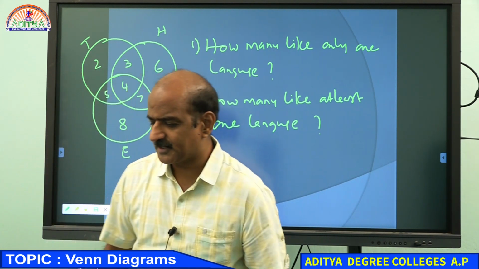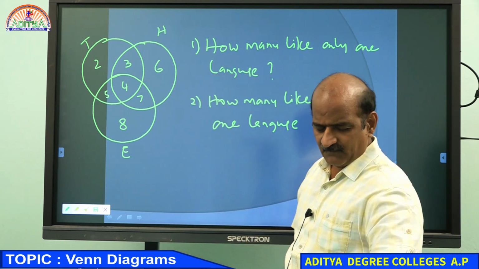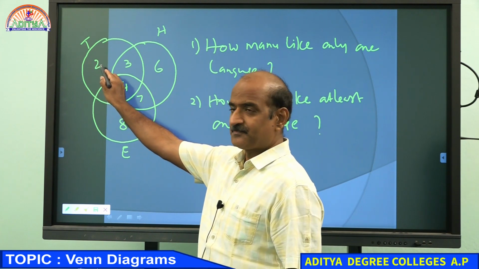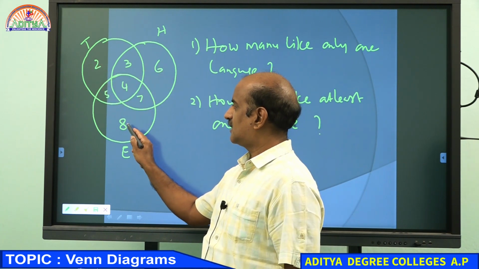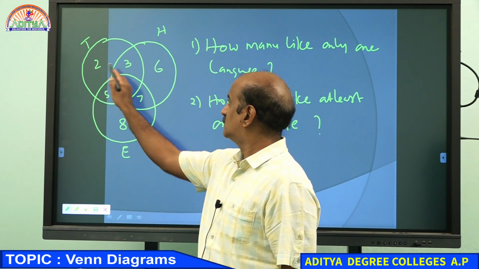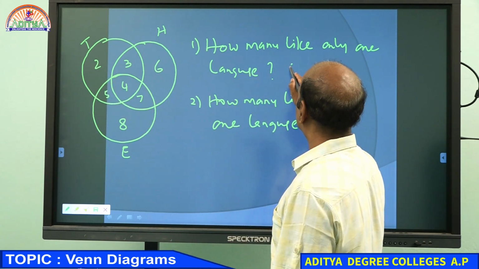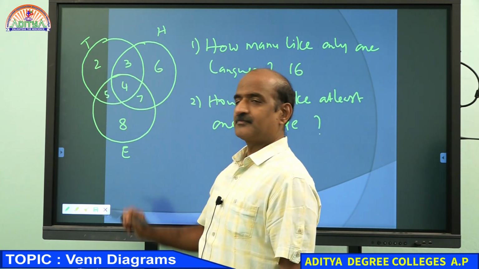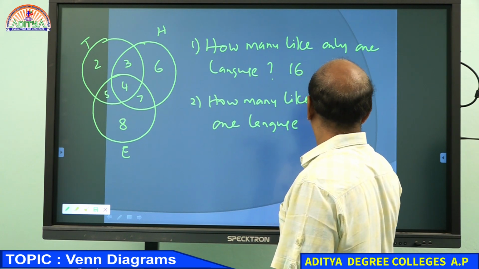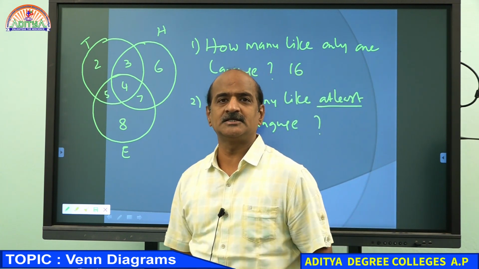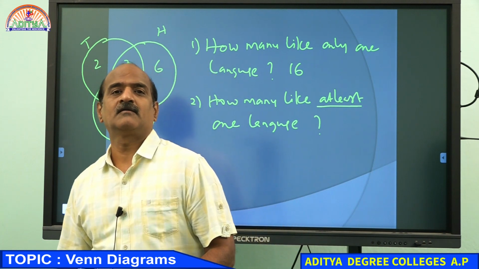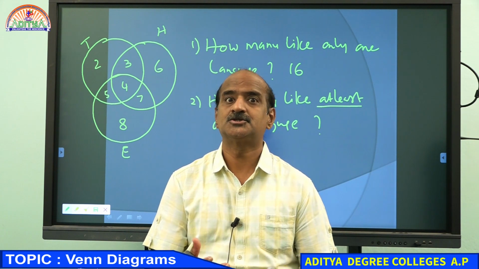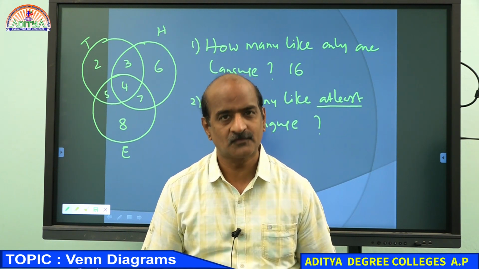Wonderful. Question number one. When I say how many like only one language, you must consider 2, 6 and 8. Only one: 2, 6, 8. Hence, your answer must be 16. But when I say at least one language, what do I mean? At least one language means they may like one language or more than one language, which means 2 or more than 2, of course 3.